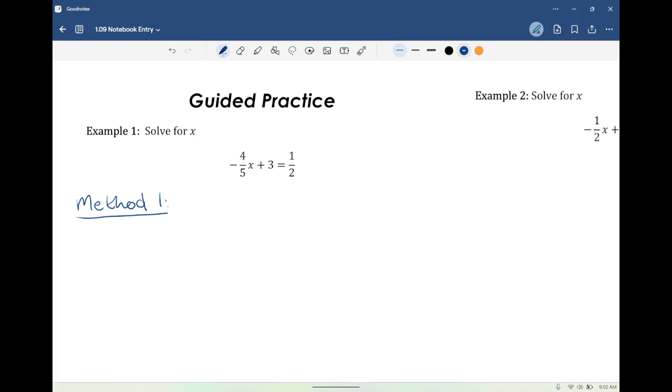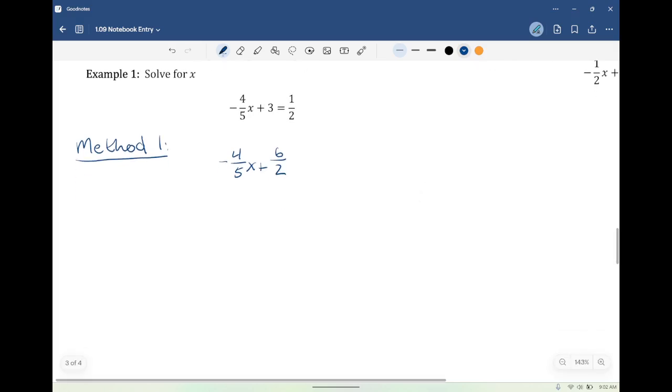Well then, this is really negative 4 over 5x plus not 3, but rather 6 over 2, and then this is going to be equal to 1/2.